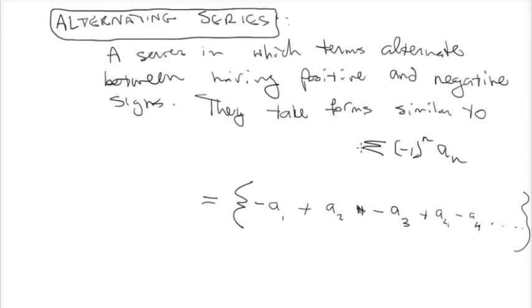So we need a couple of tests to test the convergence of alternating series, and luckily we have one that's actually called the alternating series test, so it's obvious when you're going to be using that particular test.